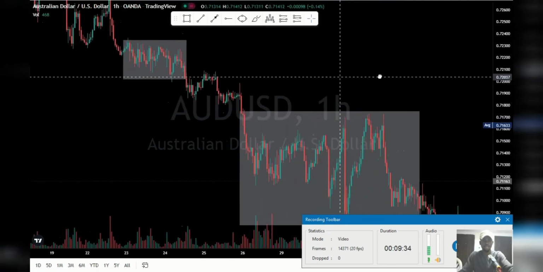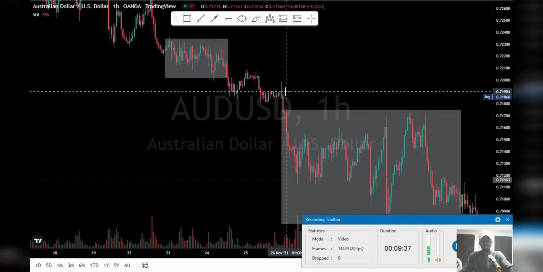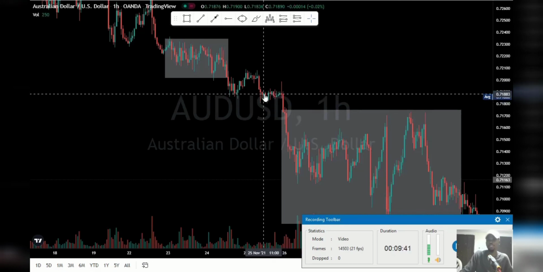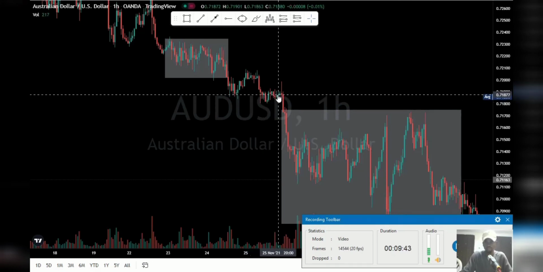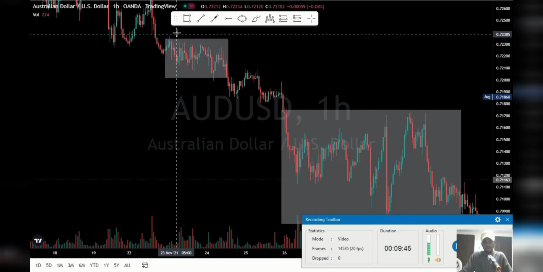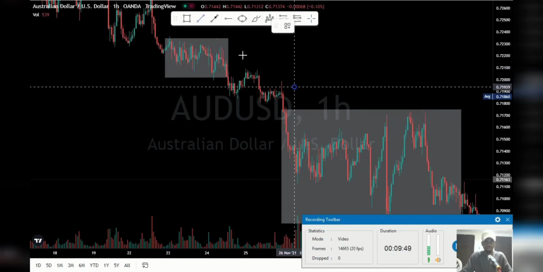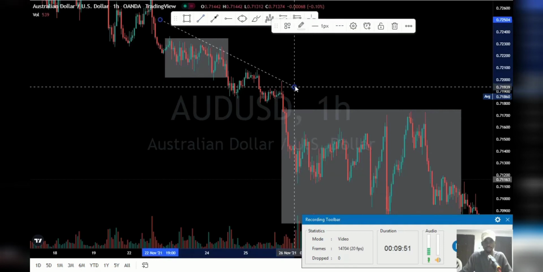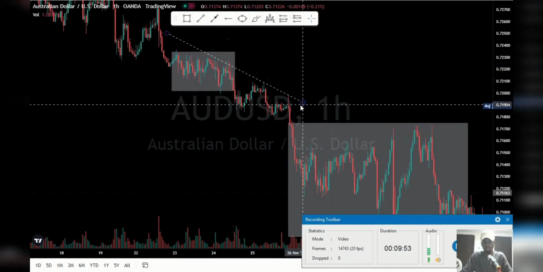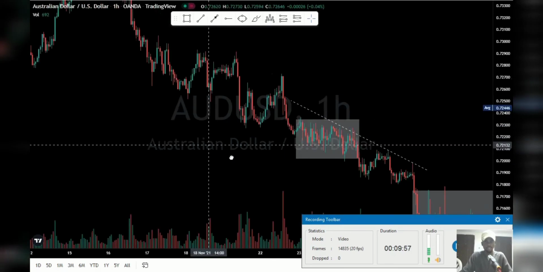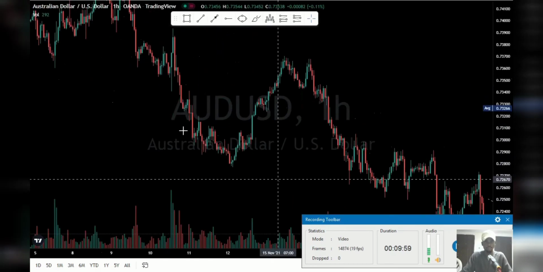And this is another ranging market here, so it's not advisable. This is said to be a continuation pattern, so it's not advisable to trade within. We either trade the trend, which is this one right here, or we wait for a breakout, which happens somewhere here. So that is that. Let's see if I can get another one.